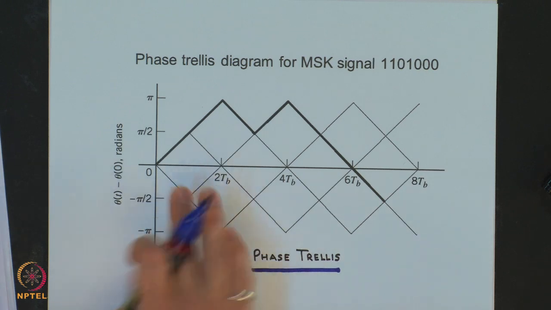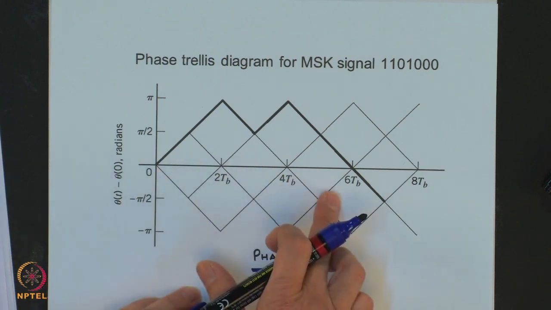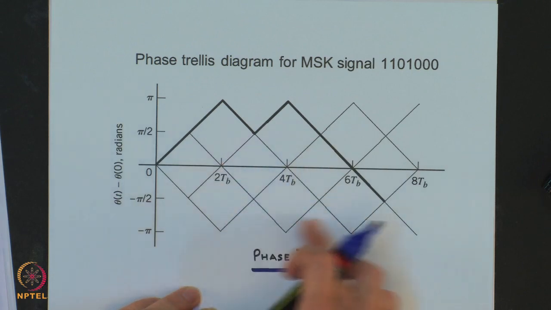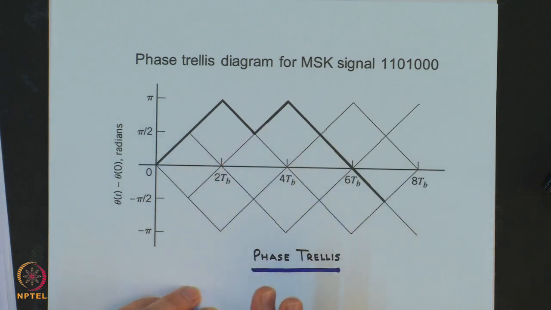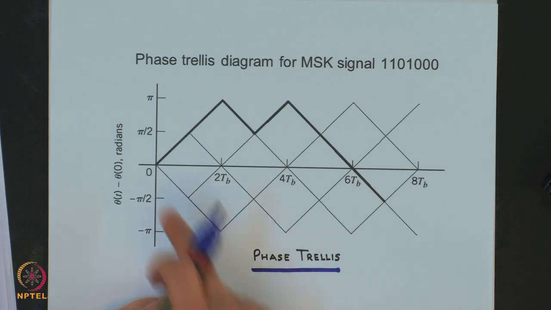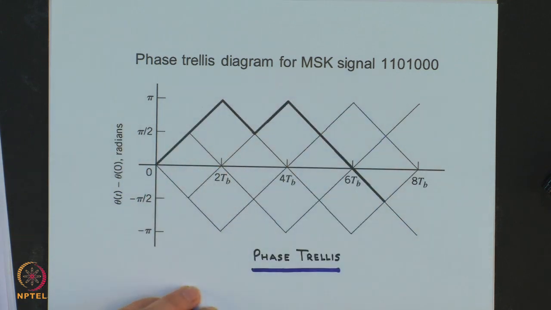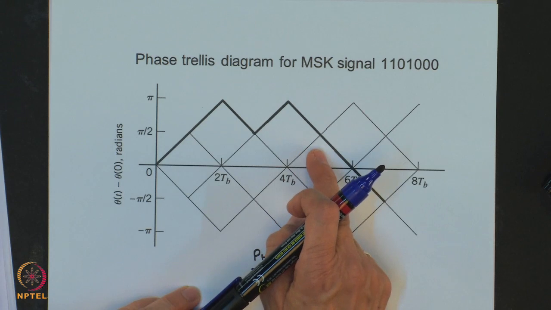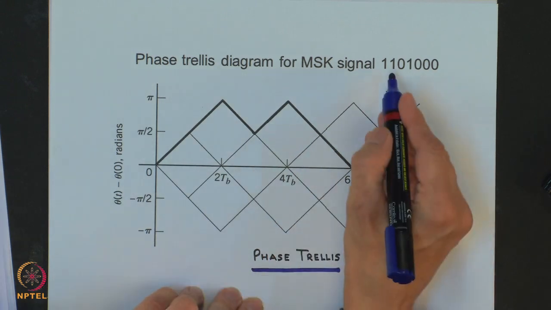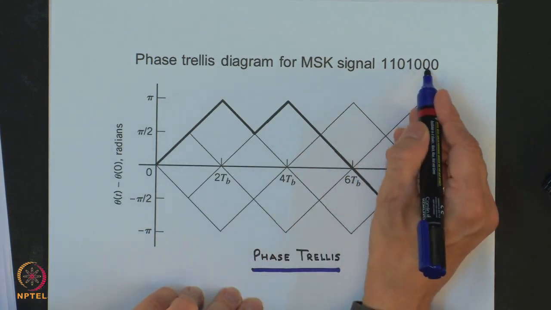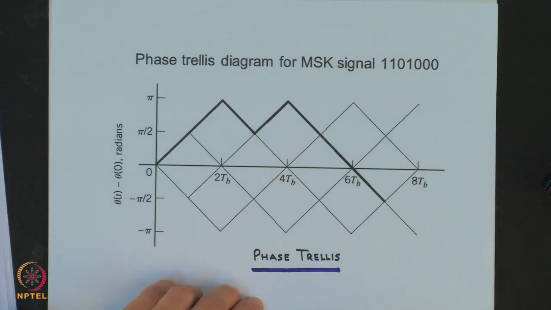Now, each path from left to right through the trellis of this figure corresponds to a specific binary input sequence. Let us take one example. The bold lines shown here correspond to the binary sequence 1 1 0 1 0 0 0, and let us see how we get this.